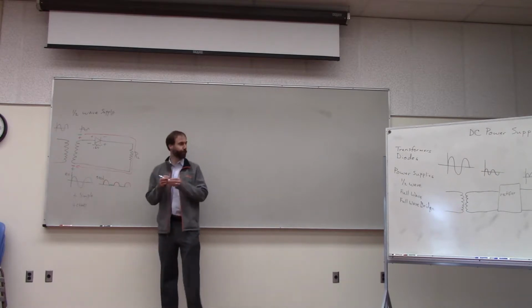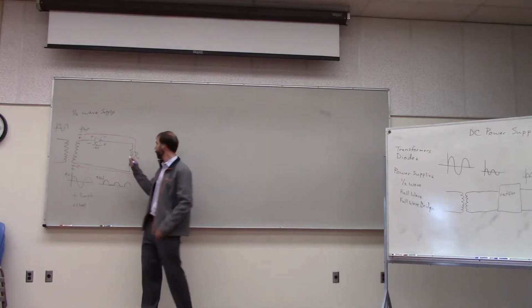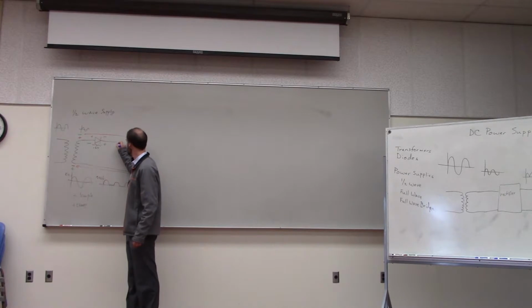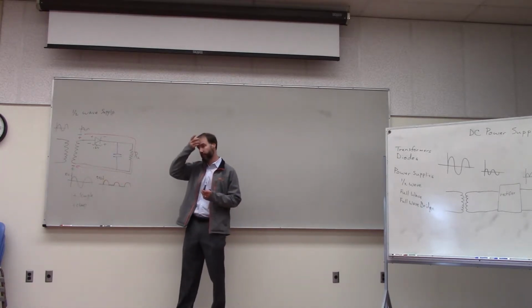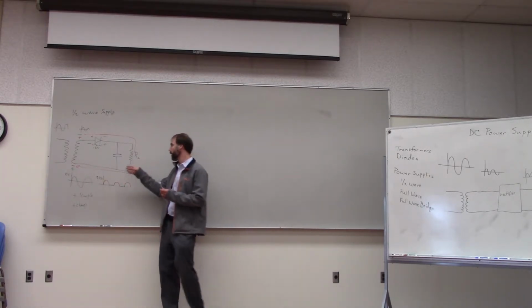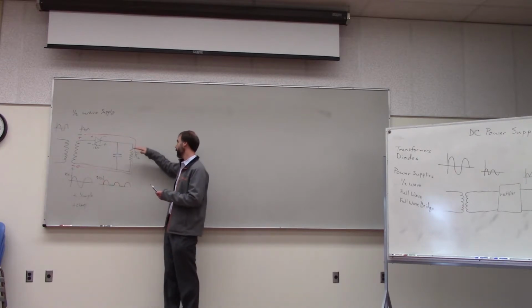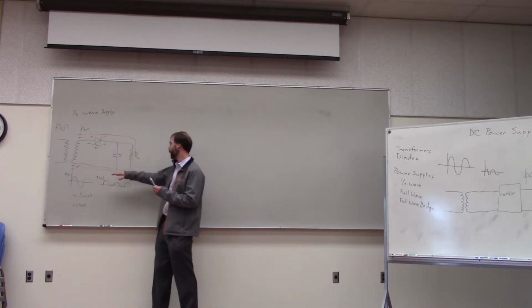Let's talk about filtering here for a minute. If we want to look at filtering, basically what we would do is we would put in a capacitor right here in parallel with the load resistor. And this capacitor acts to smooth out the bumps.